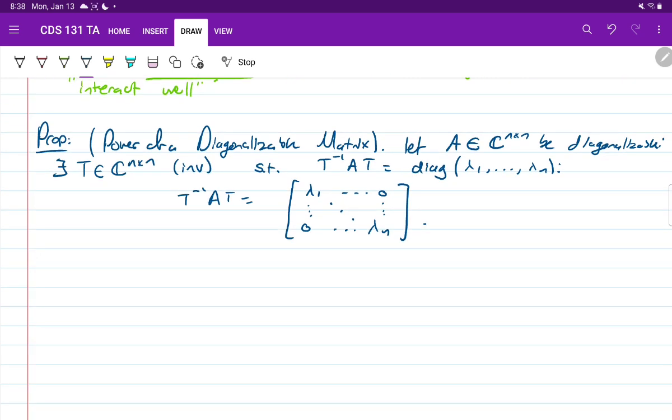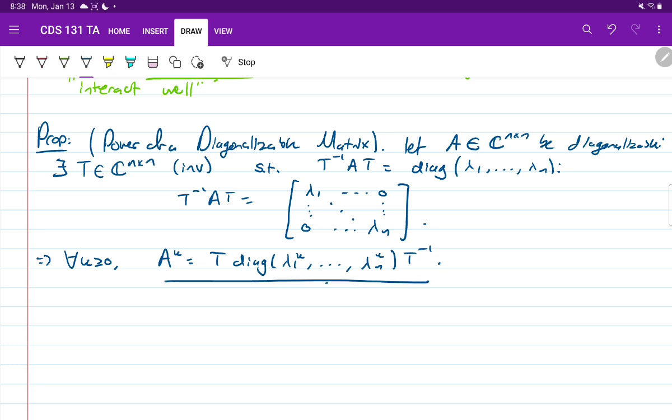Okay, then what we have is, for all integers k greater than or equal to 0, A to the k is computed as T times diag of lambda 1 to the k through lambda n to the k, multiplied by T inverse. So we actually get a nice closed form solution for what A to the k is in this case.